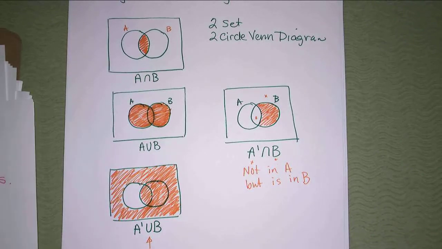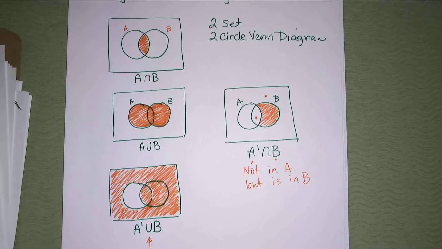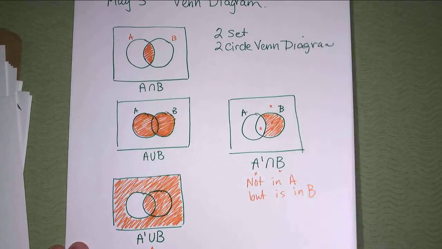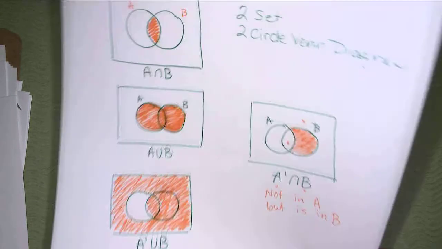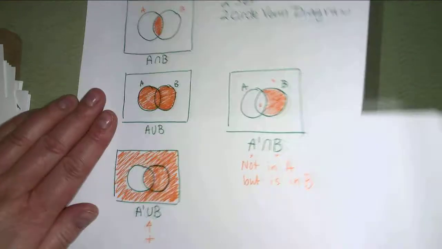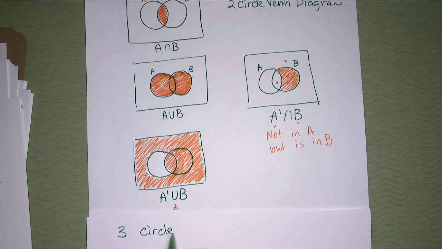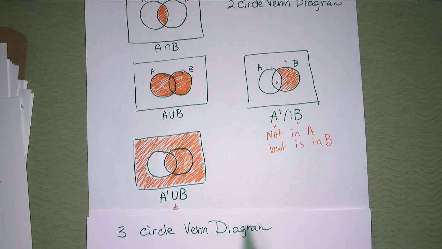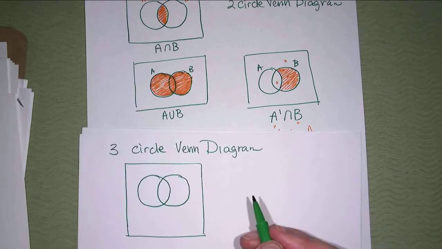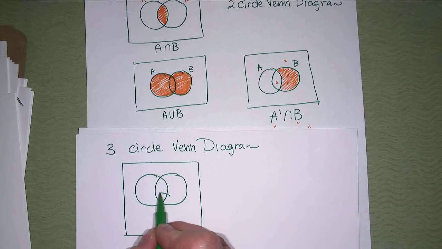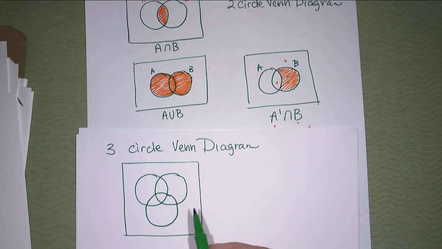Okay, so if we did a 3-circle Venn diagram, that gets more interesting. We can ask lots more questions. So a 3-circle Venn diagram. You're going to draw 2, and then the third one underneath, okay?